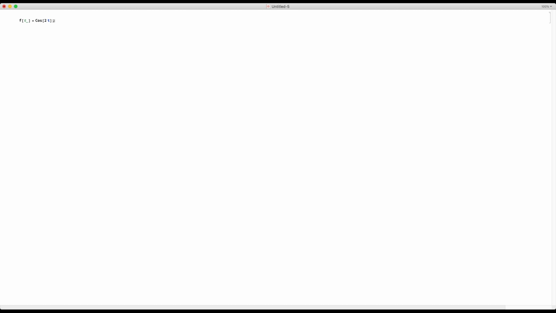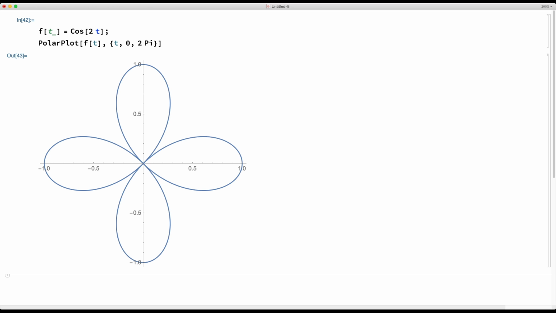Let me blow this up so you guys can actually see it. I made one of those last time. We want to compute the area inside one of those petals, and if we multiplied that by 4, then clearly we get the area of the whole thing.